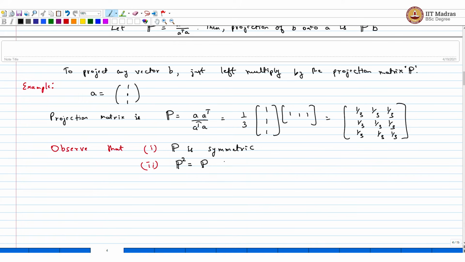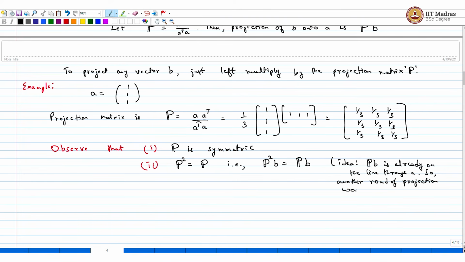That is, P square B equals PB. The idea is PB is already on the line through A. So, another round of projections won't change it.